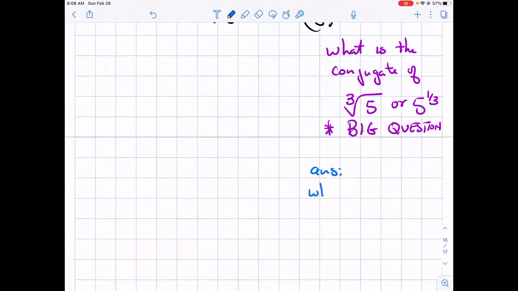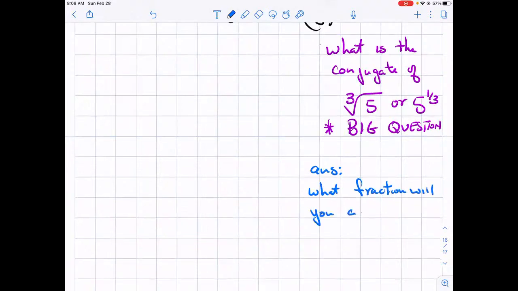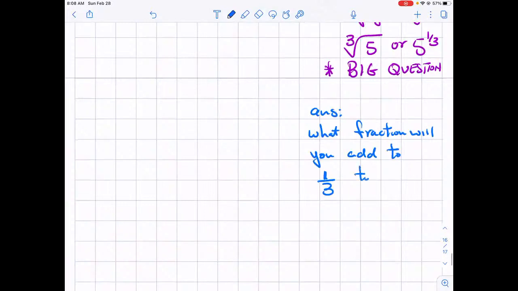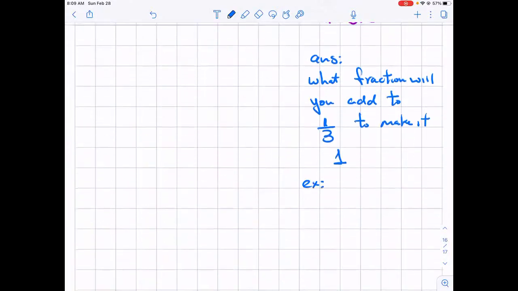What fraction will you add to 1/3 to make it 1? So for example, 1/3 plus what fraction is going to make it a 1? And you will see that that fraction is 2/3. That's the fraction.